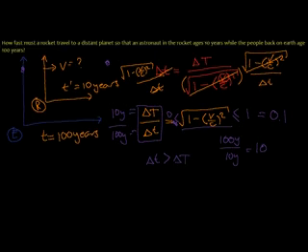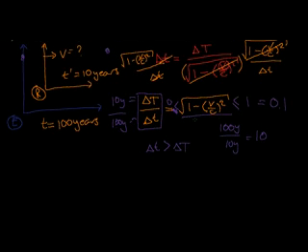Alright, so now we know that this value here is equal to 0.1, which is our ratio of the two times. So we can write that down here: the square root of 1 minus v squared over c squared is equal to 0.1. And we need to solve for v, so we need to do a little bit of algebra.